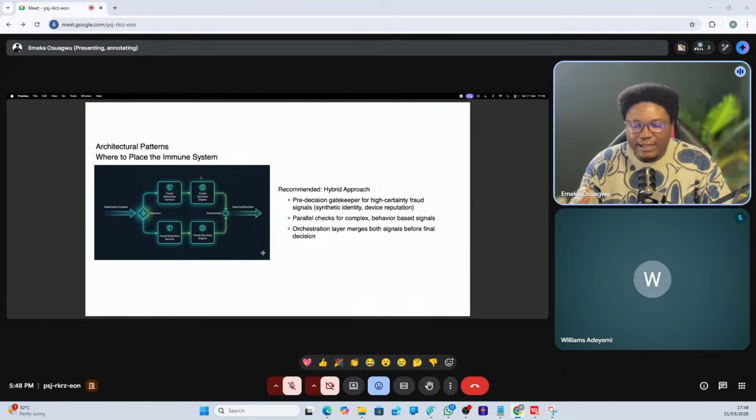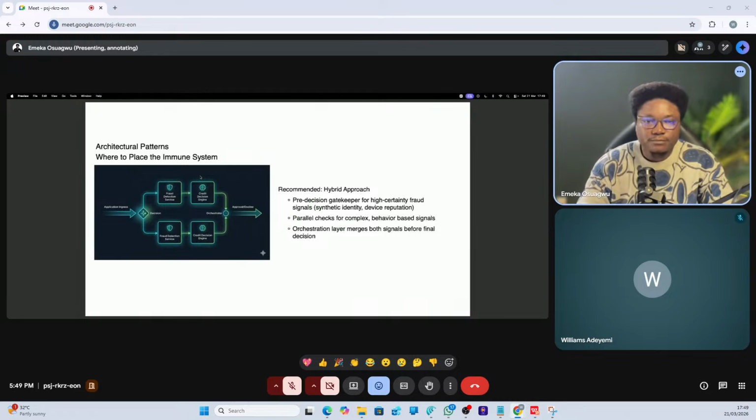So by the time you come as a customer to the system and you want to apply for credit, you already know certain things about it. You already know, based on your device metadata, your network activity, and your IP, whether or not you meet a particular threshold. And then we can combine that data with the decision engine to make a final decision.